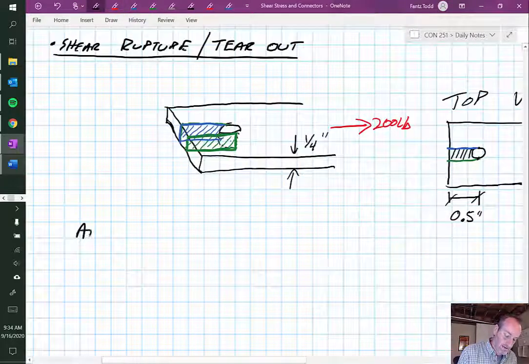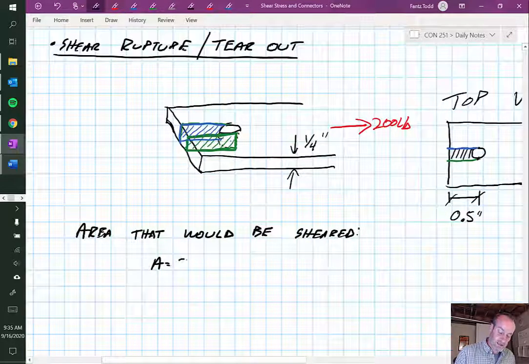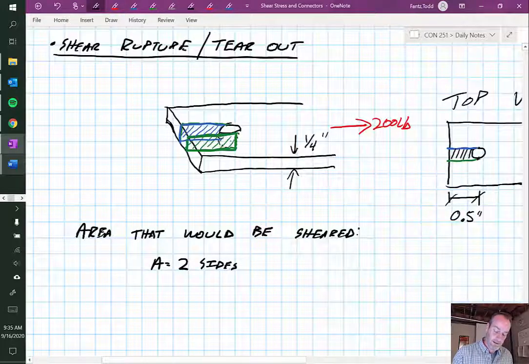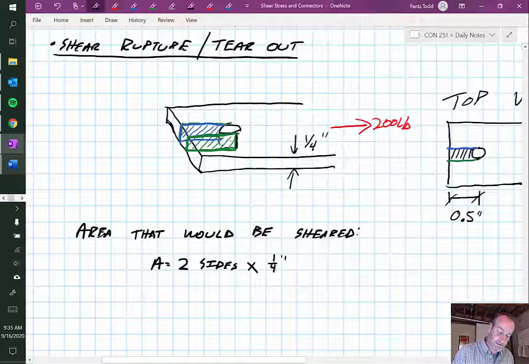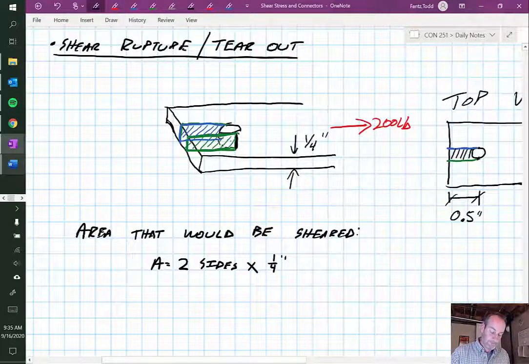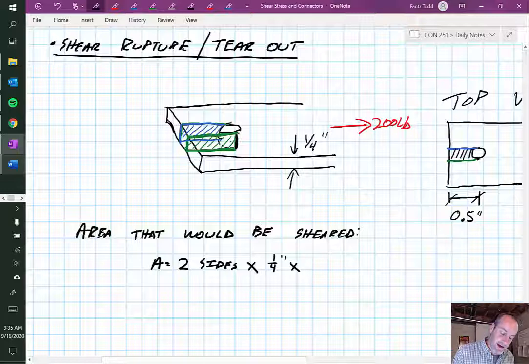So if I were to write down or calculate that area, what I could say is I have 2 sides. Each side is a 1/4 inch, because that's the depth here of this board, right? Times the distance back. Well, how far back is that? That's this 0.5 inches.